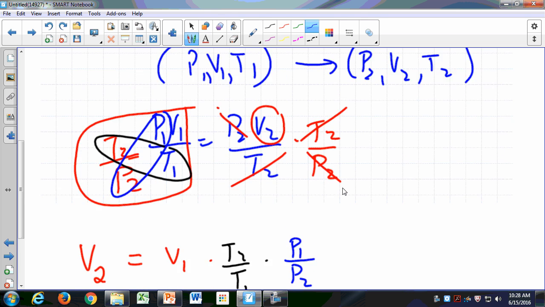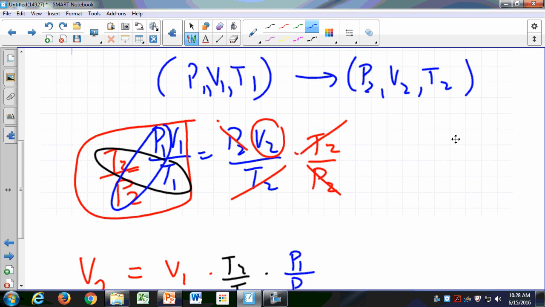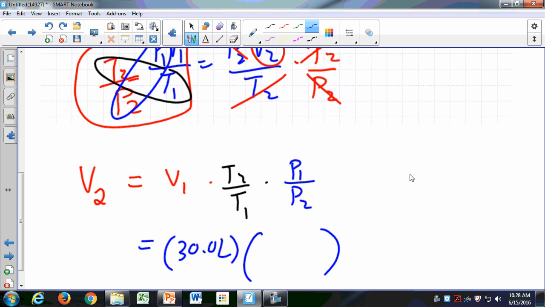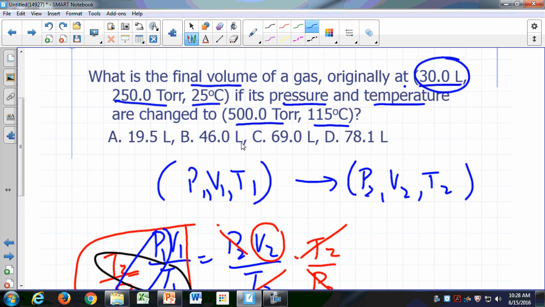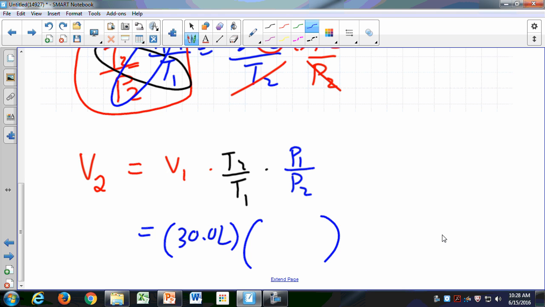So what's my V1? My initial volume, according to this, is 30 liters. T2 over T1. Let's see, what's T2? Final temperature is 115 Celsius. Initial temperature is 25. Now, be careful here. 115 degrees Celsius, I have to change that to Kelvin, so I have to add 273, right?